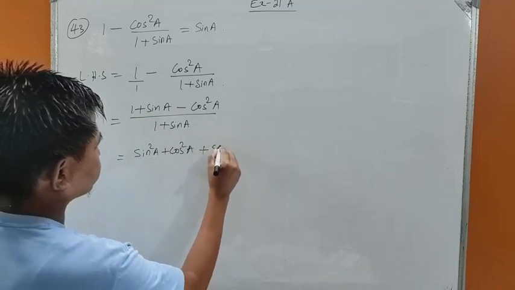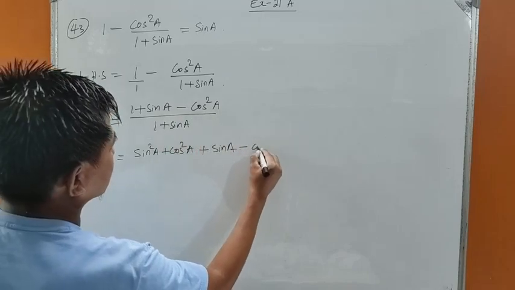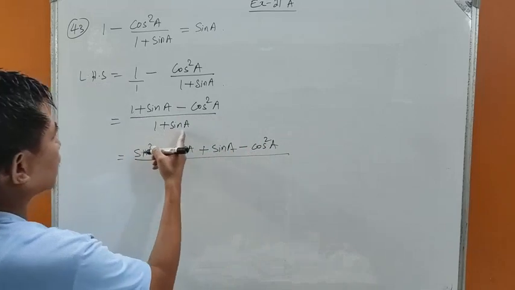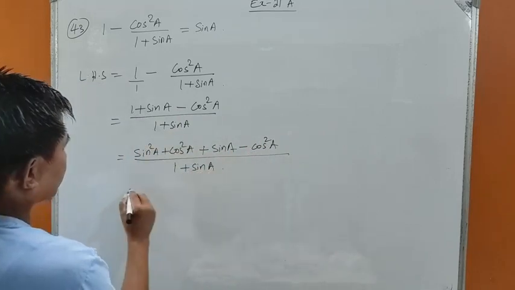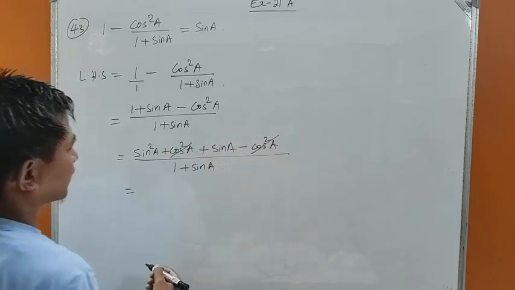Plus sin A and minus cos square A. Okay. So in the denominator we have 1 plus sin A. Now this plus cos square A and this minus cos square A can be cancelled.